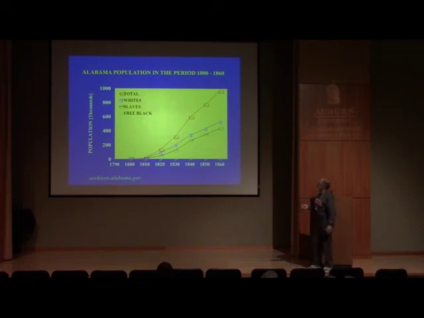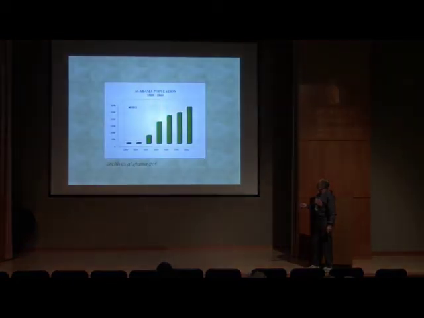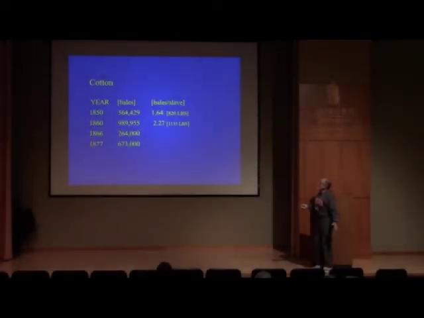Already, we see the increase in the population of white slaves. The free population of slaves almost didn't register in the previous slide. Cotton, from 1850, when found 500,000, to 1860, then dropped at the war, and then quickly picked up.